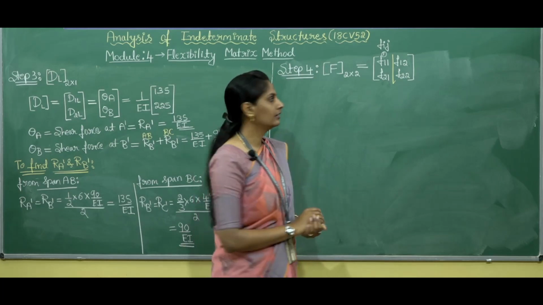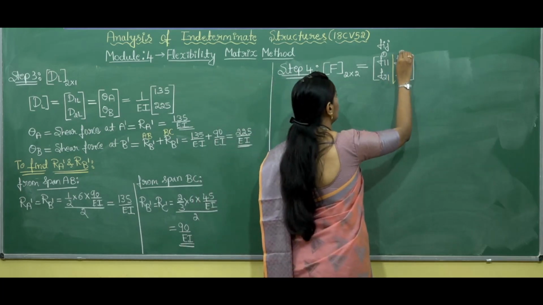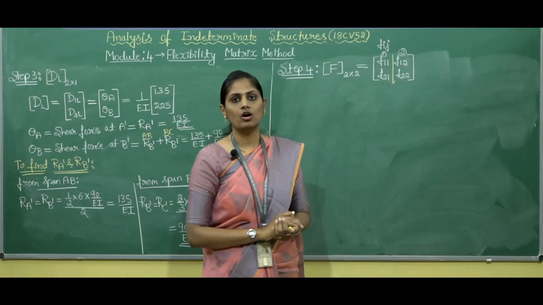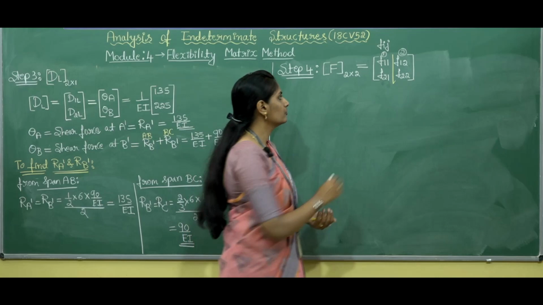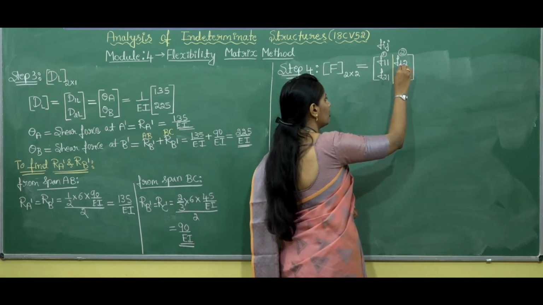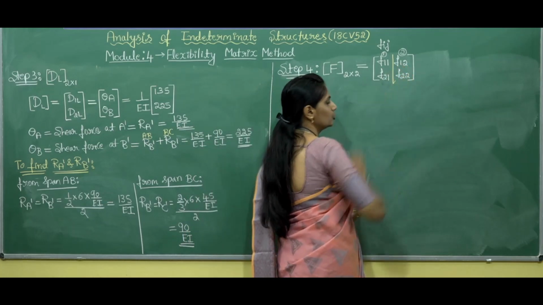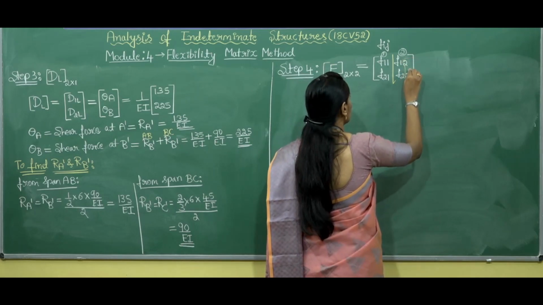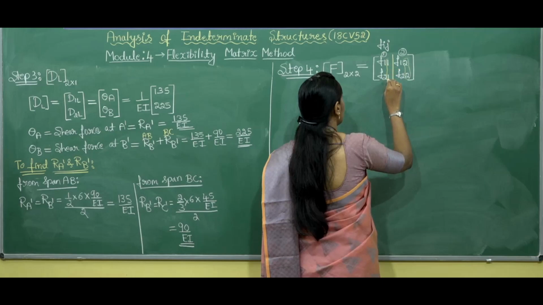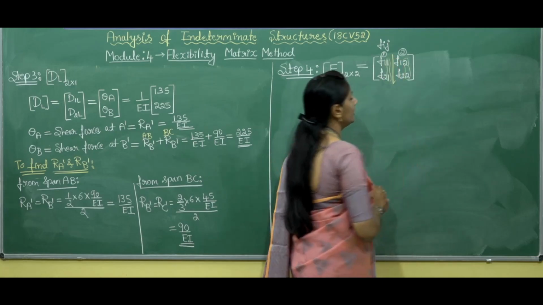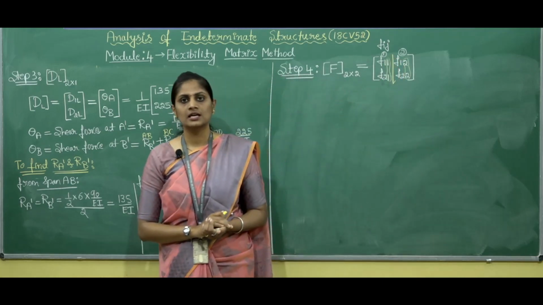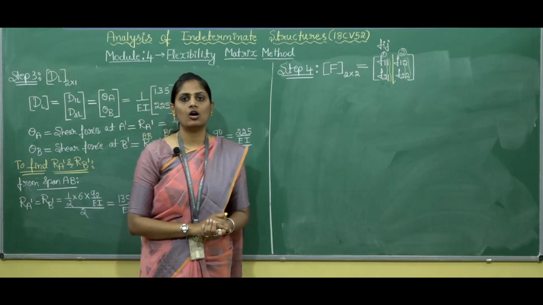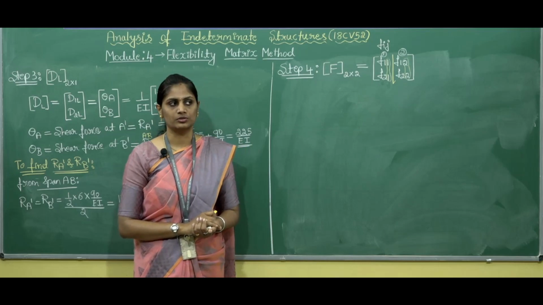In the same manner, for the second column, we are going to apply the unit force along coordinate number 2 and we check the displacement developed at coordinate number 1 and 2. So the jth column represents the force we are going to apply and the ith row represents the displacement developed at the particular coordinates we have assumed.